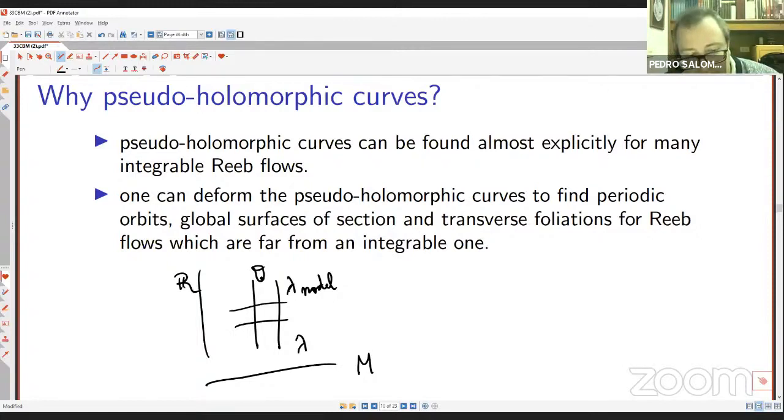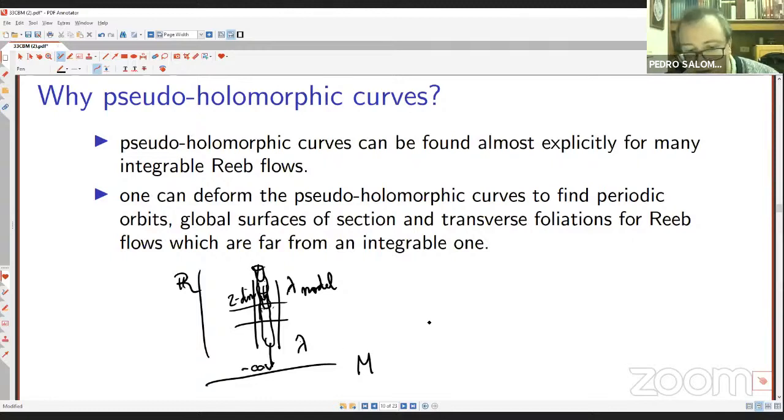Because it's a family of planes, in this case a two-dimensional family, it is possible in this construction to deform this family of planes in the model, and then it starts to enter this transition region between your contact form and the model, and you push down the family of curves, solving this interpolation problem, and you push to minus infinity.